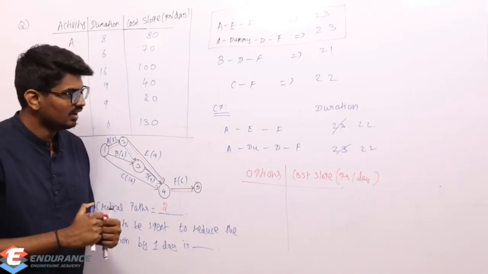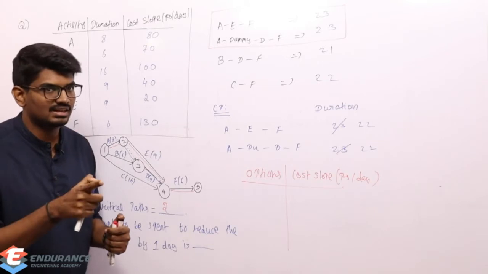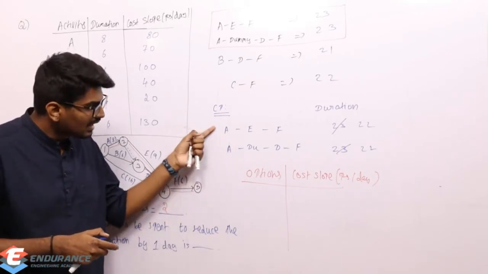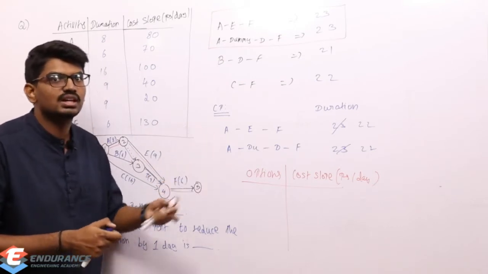If I crash activity A, activity A is present in both the critical paths.